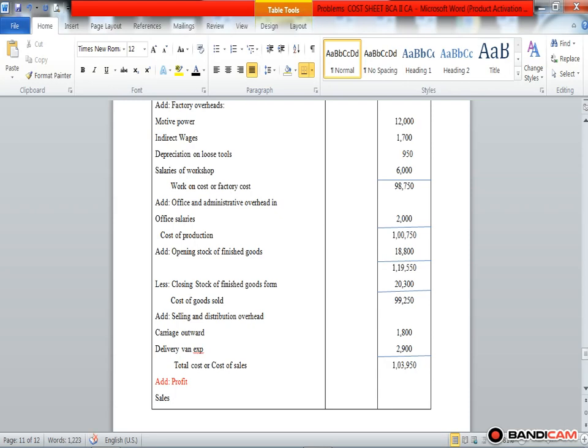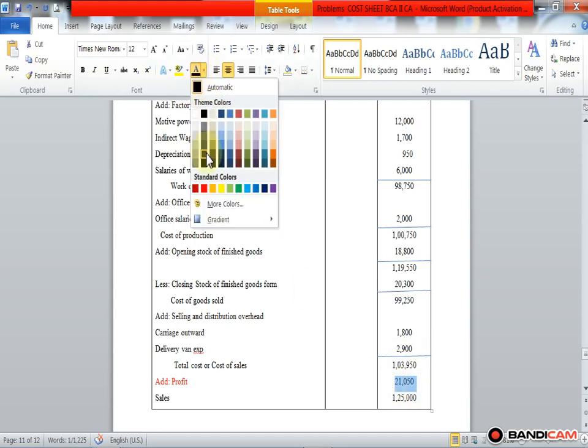Sales is 1,25,000. So we find the profit here. The difference between 1,25,000 and 1,03,950 is 21,050, which is our net profit.